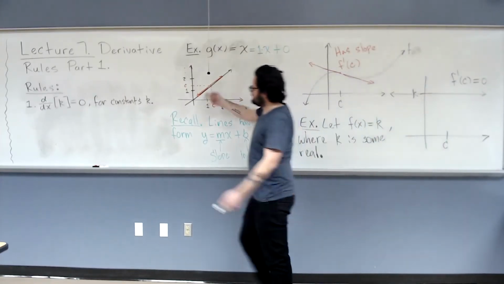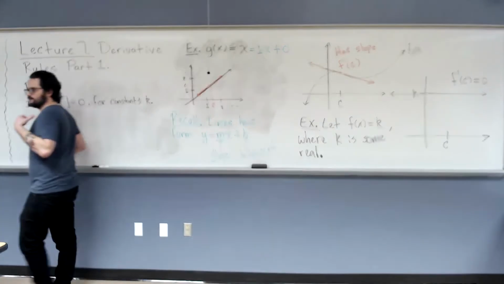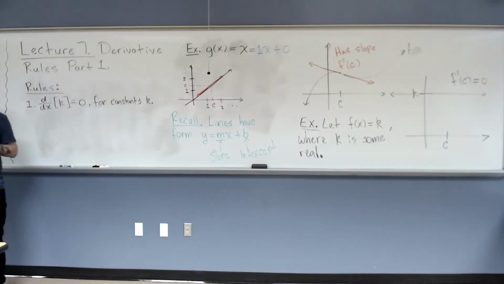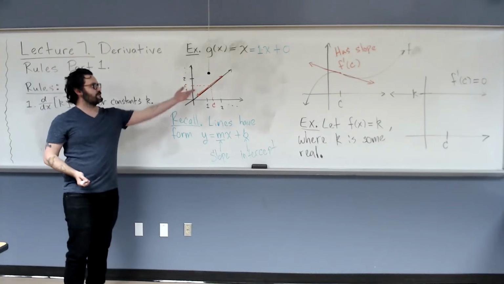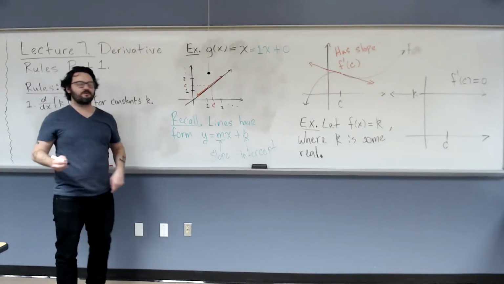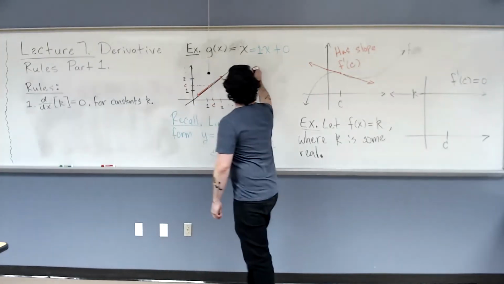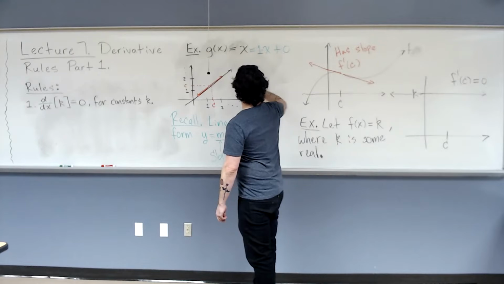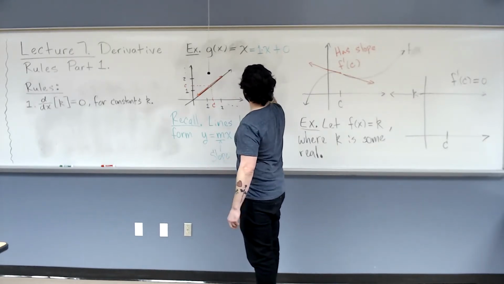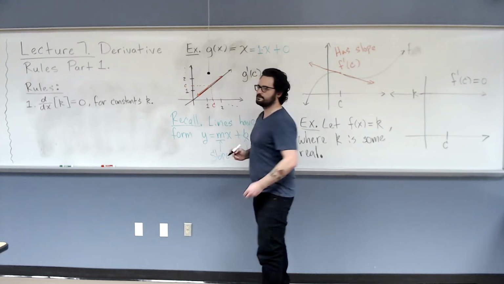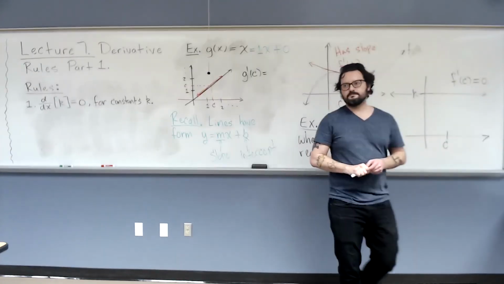And if we look at any line that's tangent to that line, it's going to have the same slope, right? So what do we conclude about the derivative at any point? This is g, I'm sorry. So g prime, at that c, what's it going to be equal to? 1, right?